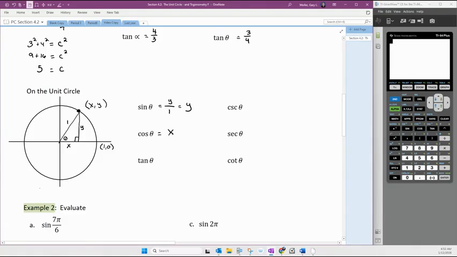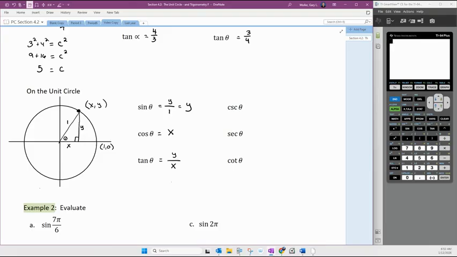That is one of the advantages of learning the unit circle the way we taught it before we started this unit: we can find the sine, cosine, and tangent of those angles by focusing not on the right triangle necessarily, but on the coordinate point. The tangent of theta would be the opposite side, the y value, over the adjacent side, the x value. So tangent of theta is simply y over x.